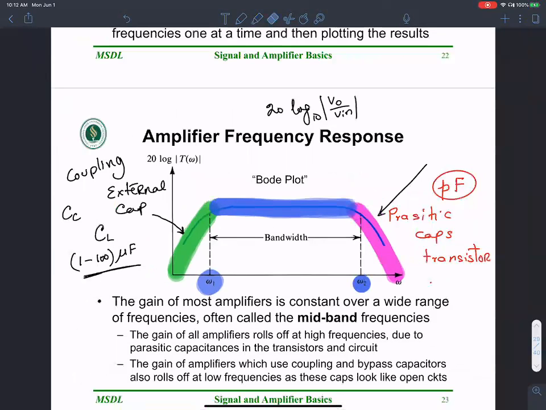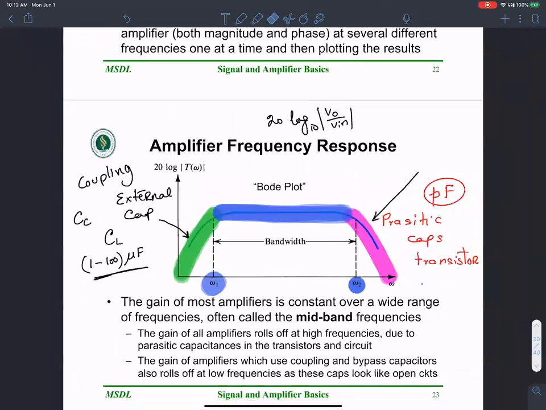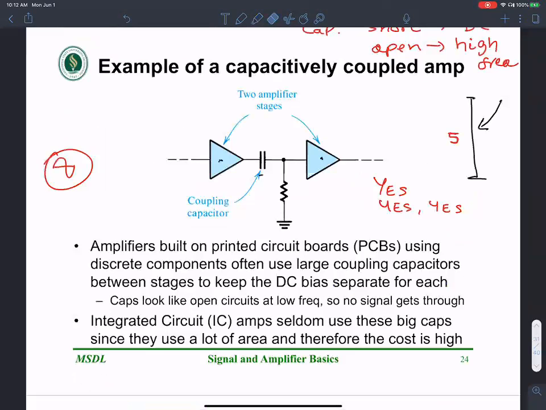Here is an example of capacitive coupling where the DC bias of the first stage is decoupled from the DC value of the second stage. Only the AC components are coupled. There's only AC coupling, the AC signal is coupled.